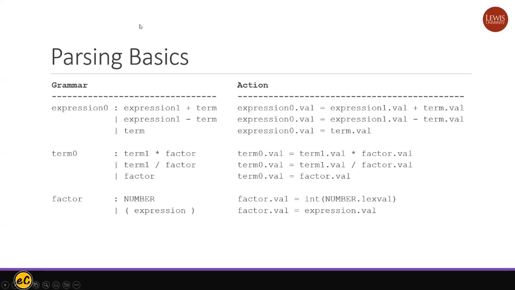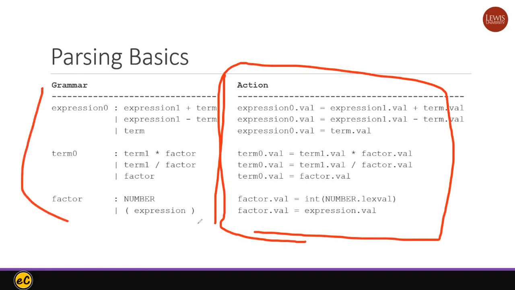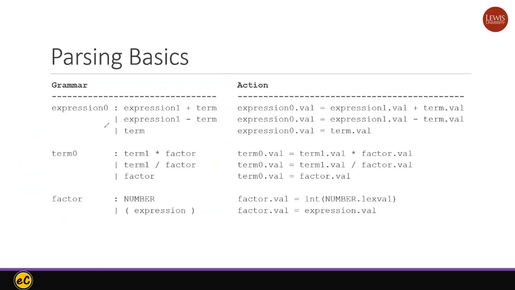So now the action, the attribute grammar, is over here. Action routine. Left hand side is the grammar, the context-free grammar written in EBNF.